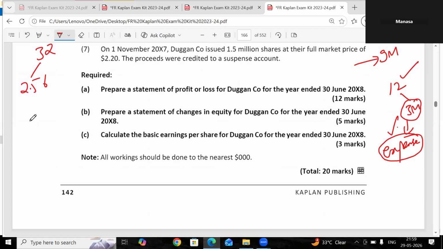2.56 into 3 by 12. Just calculate and tell me the amount. So 0.65. We have to see the interest amount also, right?